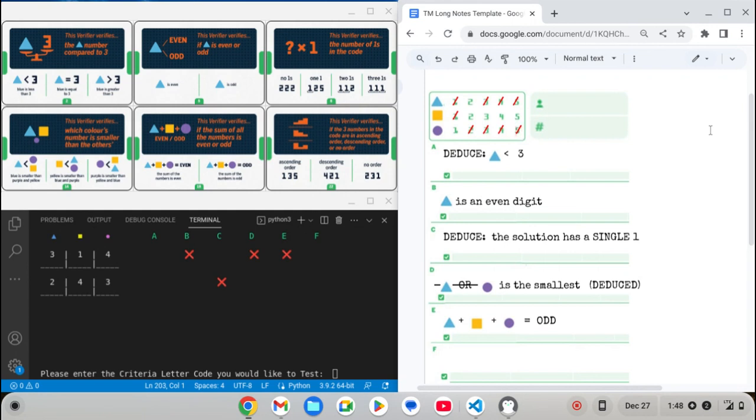So that means that square has to be, well, oh, okay, so yeah, this is where I believe criteria card F plays a role. Is it going to be a 2 or a 4?